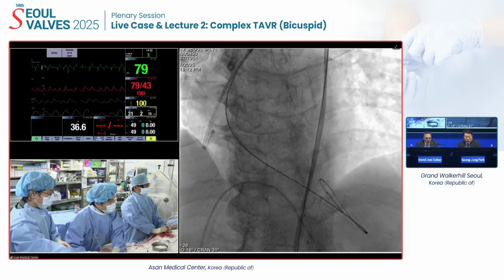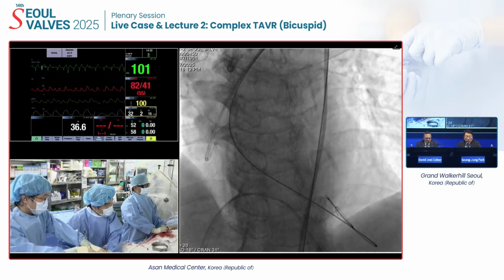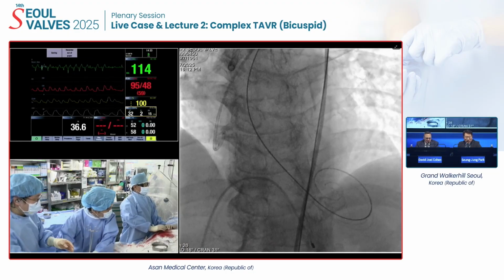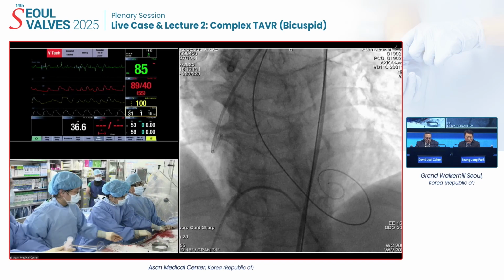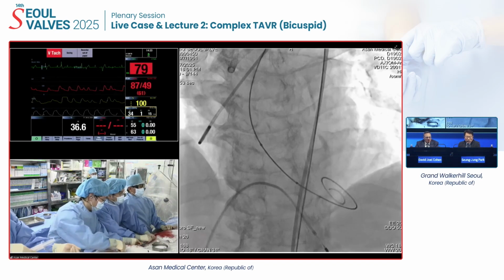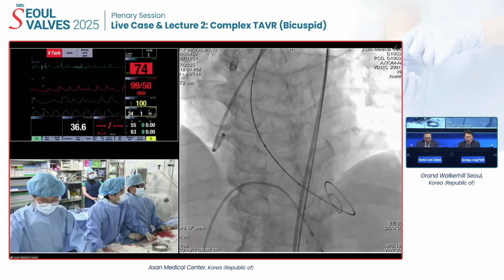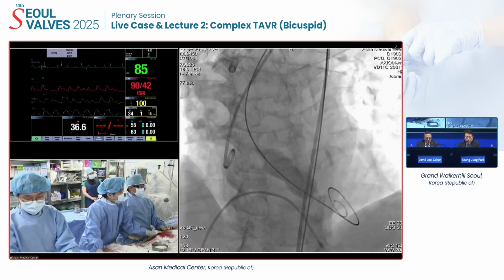For this particular case, the calcium amount is very small, and the annulus area is 23, less than 400 something, which is relatively small. The self-expanding valve would be more effective for stent area, valve area. What do you think?